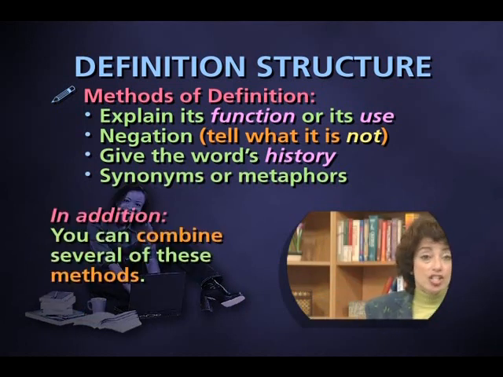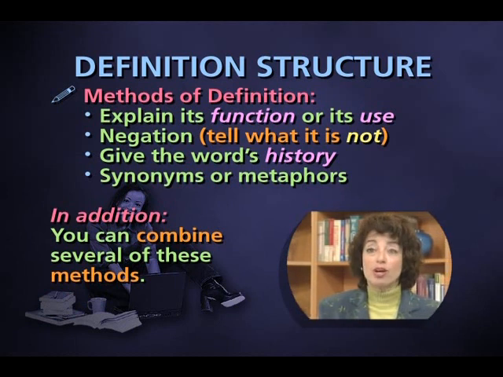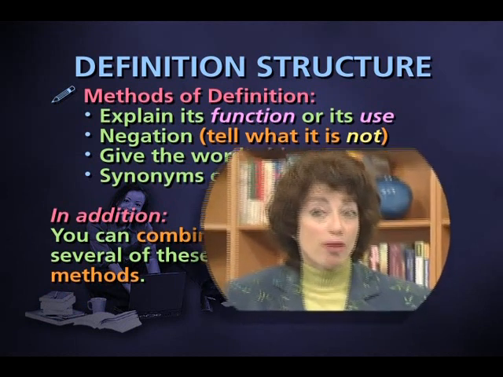You can, in addition, combine several of these methods, and that works extremely well for many different types of essays. You might want to use a definition briefly in the beginning of another type of essay to make sure that your audience understands the topic before you proceed.